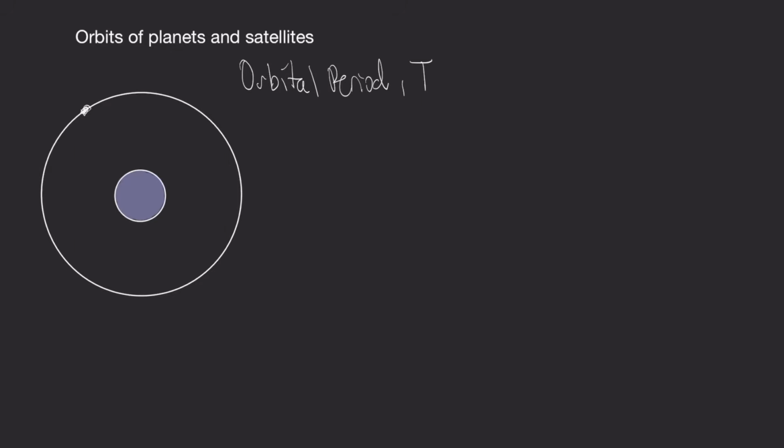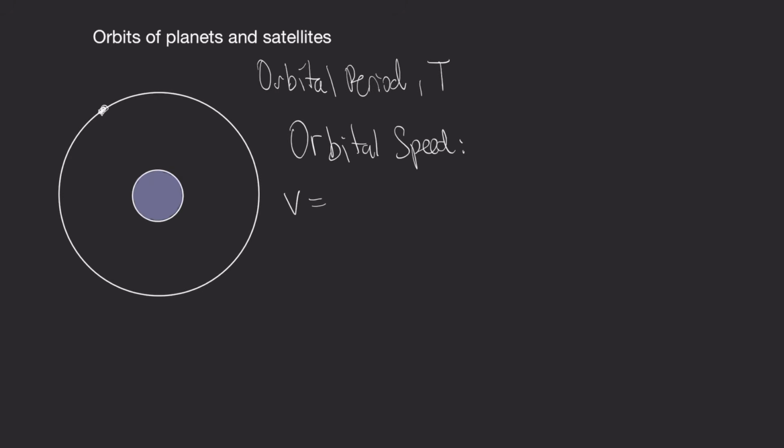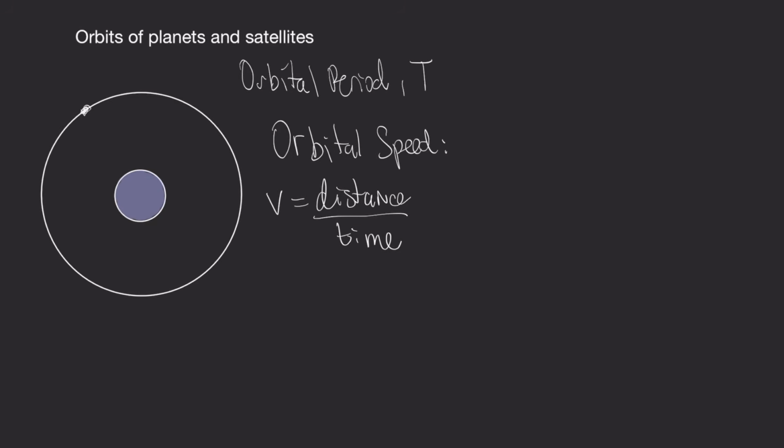There are at least two ways that we can work out the orbital speed of a satellite. One of them, let's call the orbital speed v, is simply distance divided by time. Why is that? Because we can assume that the satellite is moving at a constant velocity along its circular orbit.